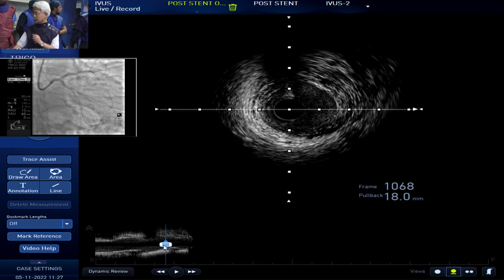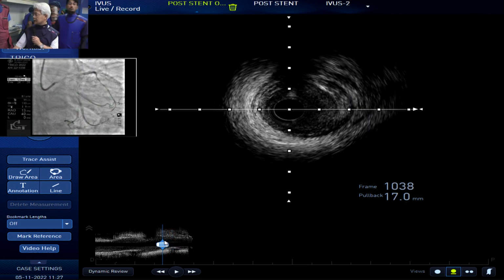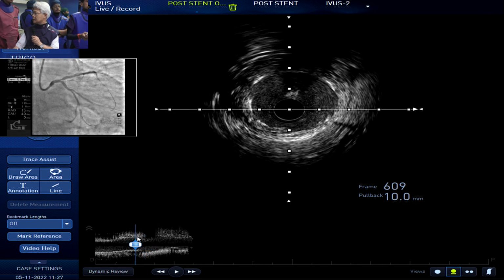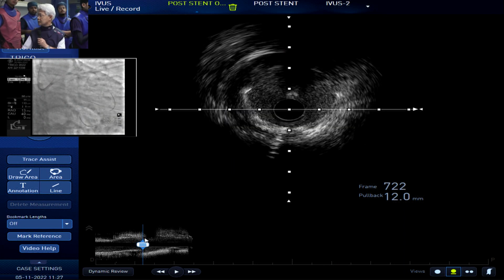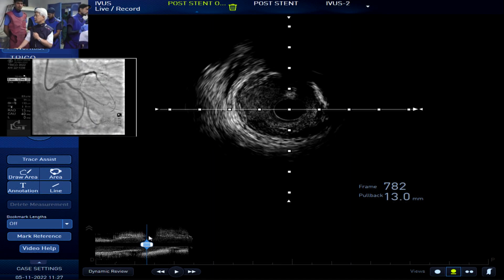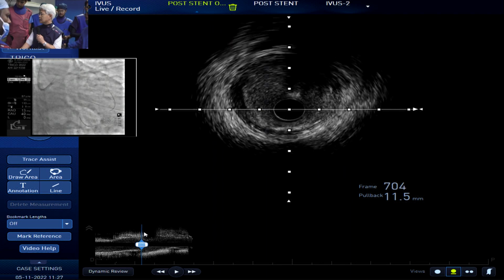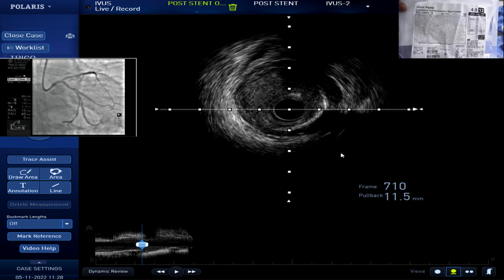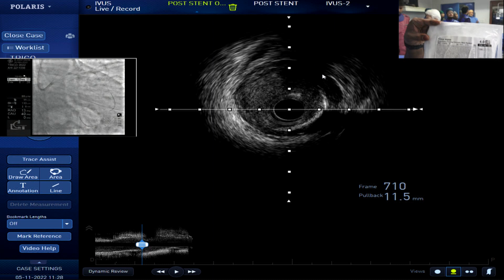A huge hematoma in the proximal side. Dr. Akasaka, if the IVUS is not convincing, would you do OCT of the circ here? I think here is an edge of the stent, and it starts from here, from 11 o'clock to 3 o'clock around.